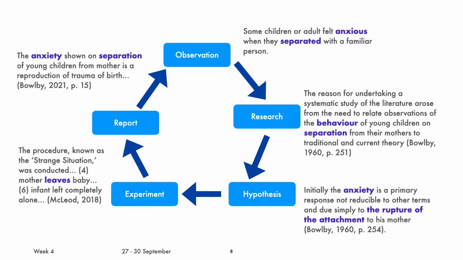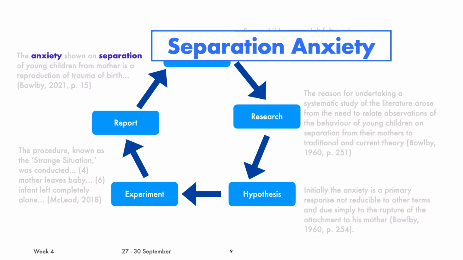And with the phrase, the anxiety shown on separation, actually we come up with a more concise term, which is going to be in the next slide. And yes, I'm sure many of you would know that this term is called separation anxiety.